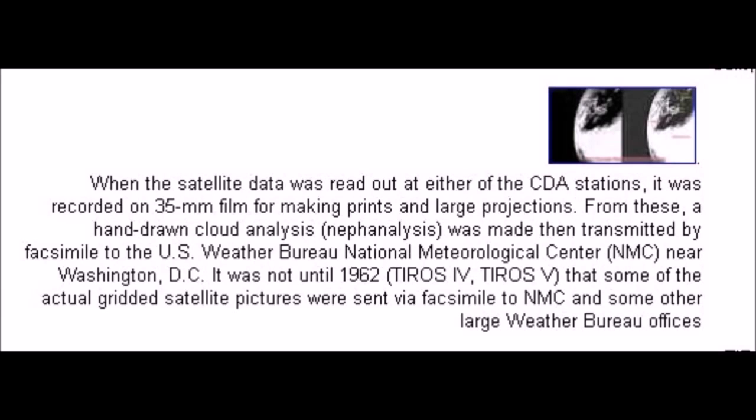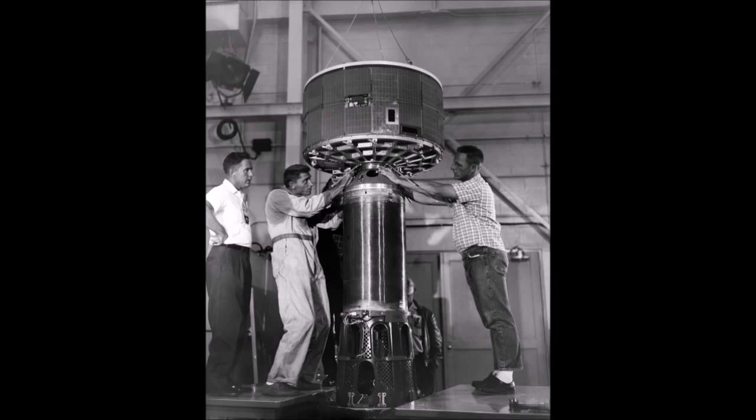It was not until 1962 that some of the actual gridded satellite pictures were sent via fax to the National Meteorological Center and some other large Weather Bureau offices. So I don't even know what to think of this.